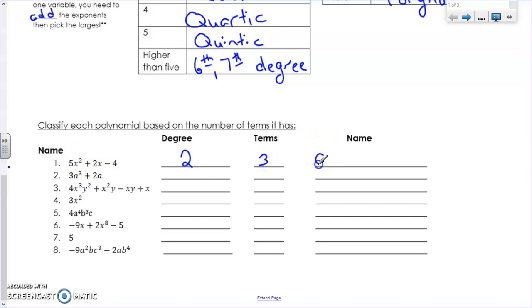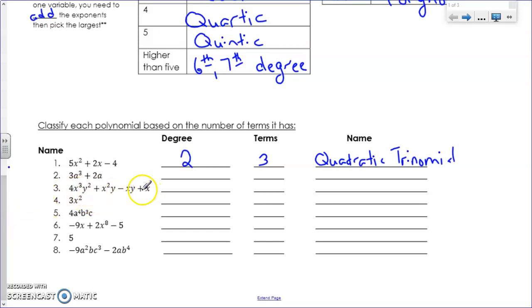So that would be a quadratic trinomial. You normally put the degree first and then the term. Okay, so that's the standard. Okay? Okay, any questions there?